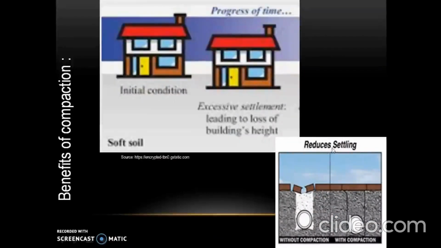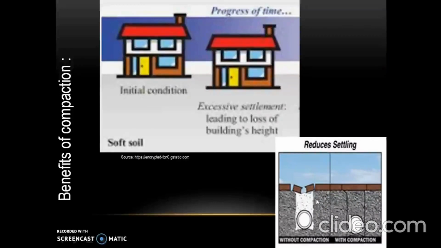Compaction also reduces settling. Here we can see the initial condition of a structure on a soft soil. As the time progresses, there will be settlement as it is soft soil, and this results in loss of building height. And here we can see that there is a drainage pipe below the pavement.